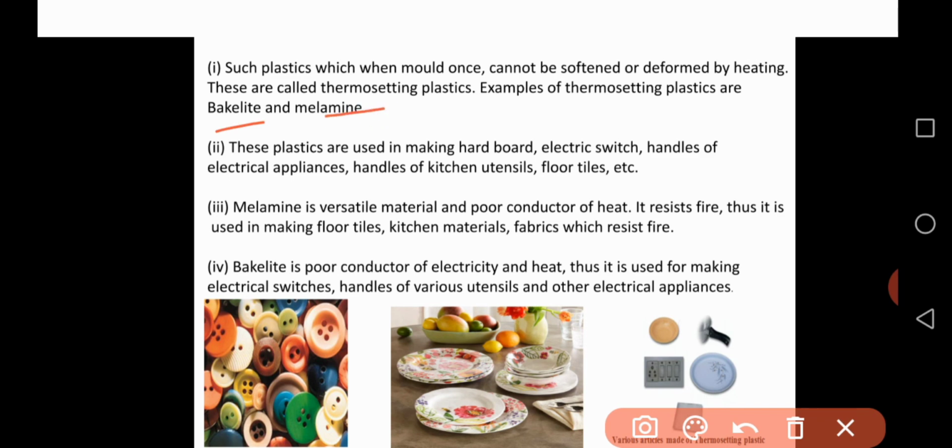This one is bakelite, and this one is melamine.